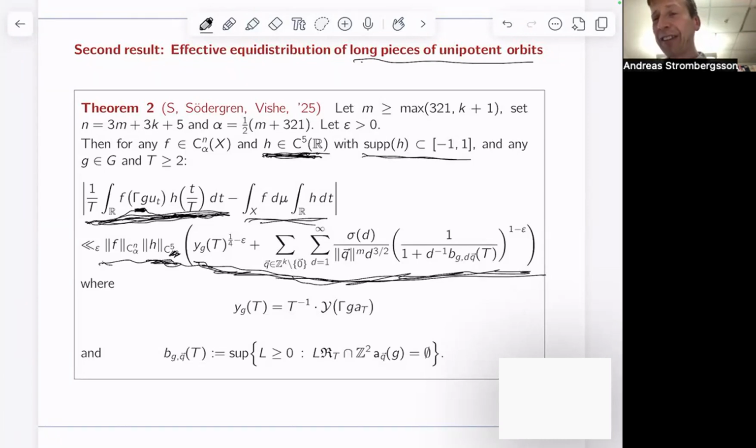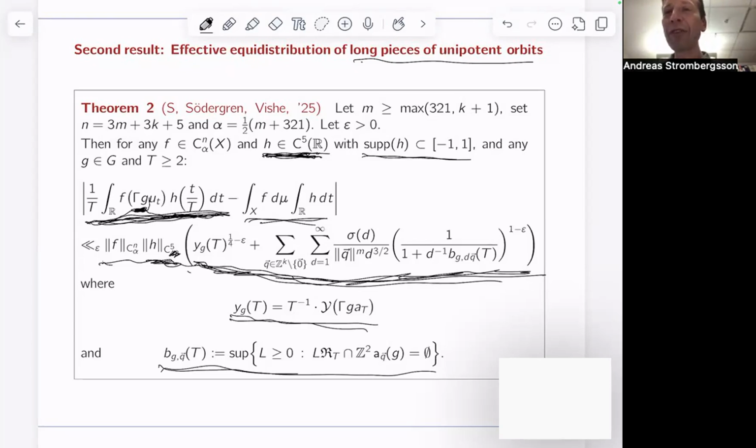This exactly captures the conditions that you get if you work out Ratner's classification of ergodic measures. This cannot go to 0 for arbitrary starting points gamma G. There is no chance it could, because if G is not suitably generic, then all of this orbit will be confined inside some homogeneous submanifold.